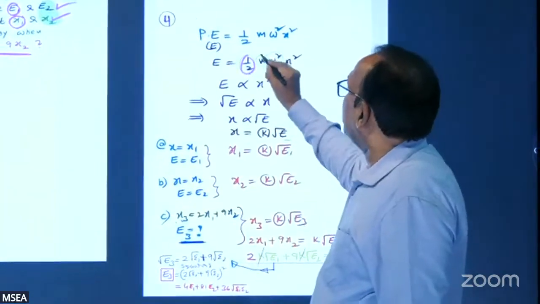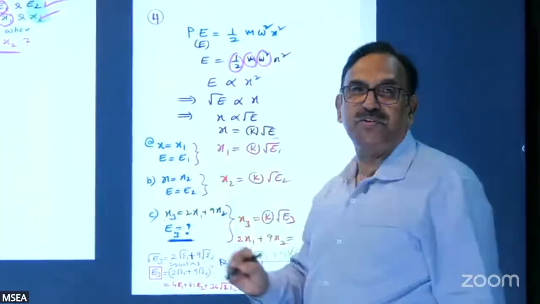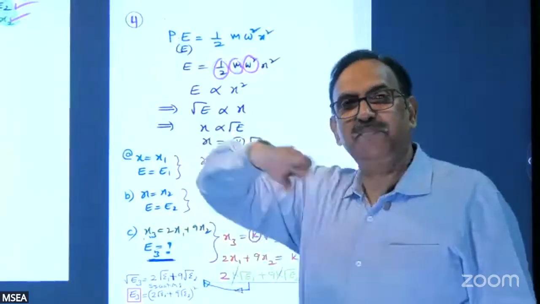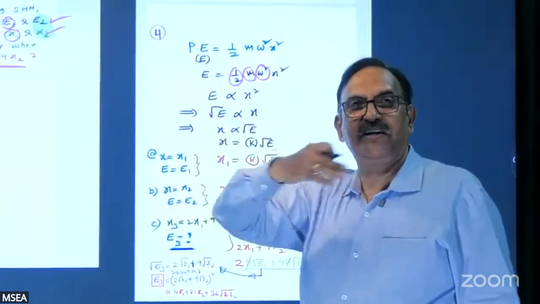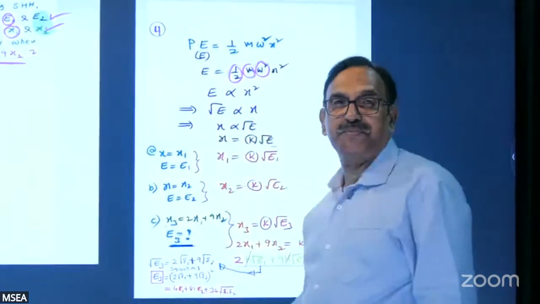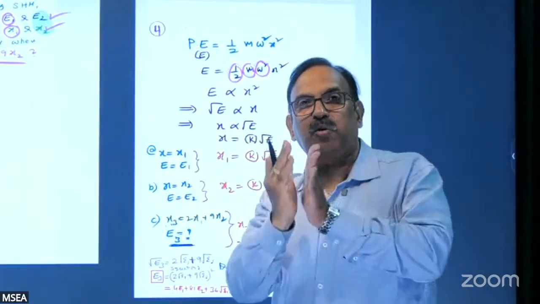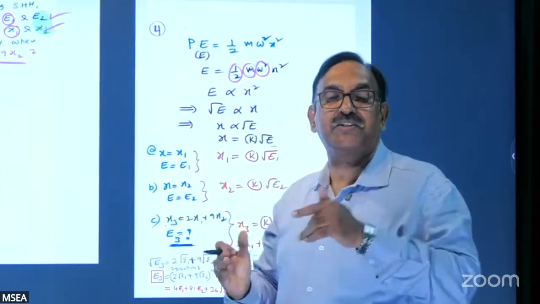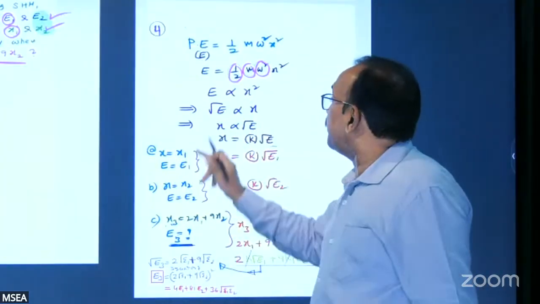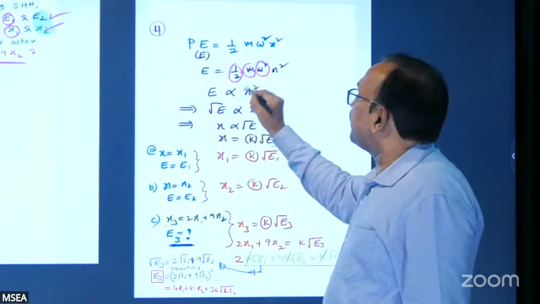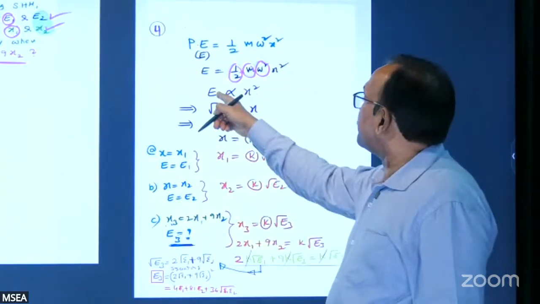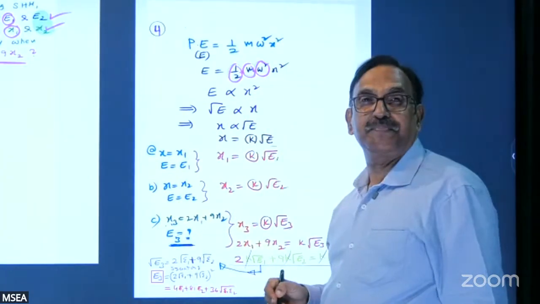Half is anyhow constant, mass constant, and omega is constant. For a body performing SHM, the same time period will be there all the time for any oscillation. So all these are constant terms. But you know that position keeps on changing. From the mean position, closer, farther, and so on, x changes and potential energy changes. Now, these constant terms can be replaced by a proportionality sign. So potential energy is directly proportional to x square.